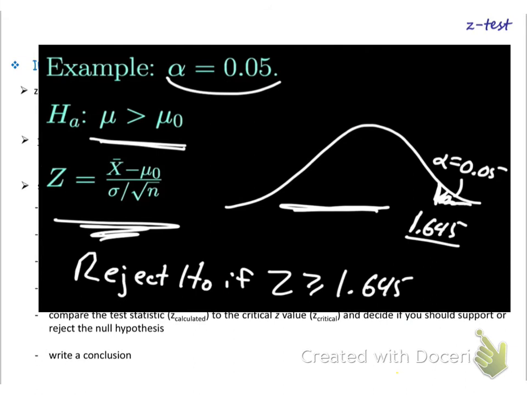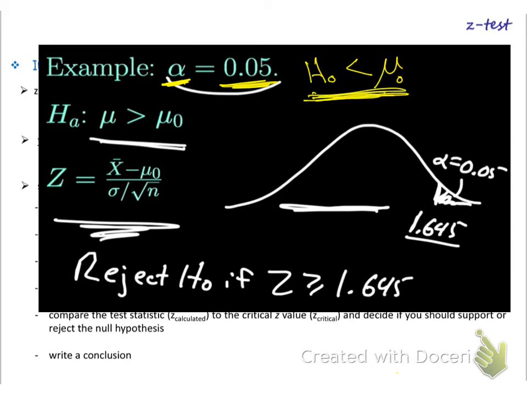Taking this example, I assume that alpha, the significance level, is 0.05, and that H naught is mu less than mu naught, as per my problem.